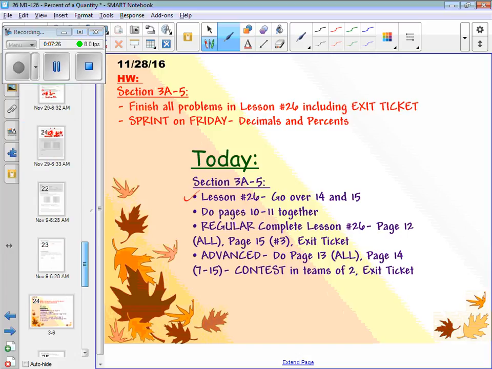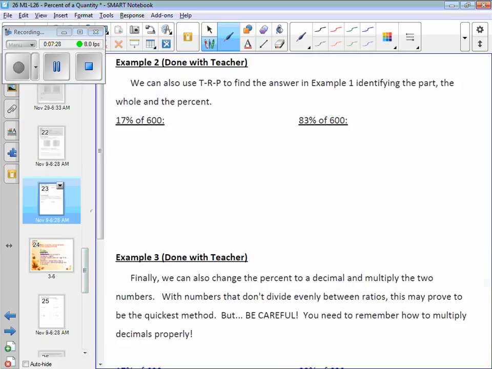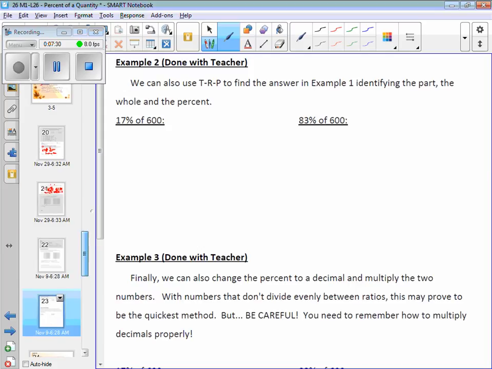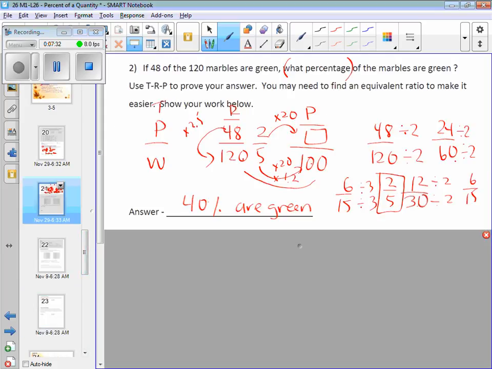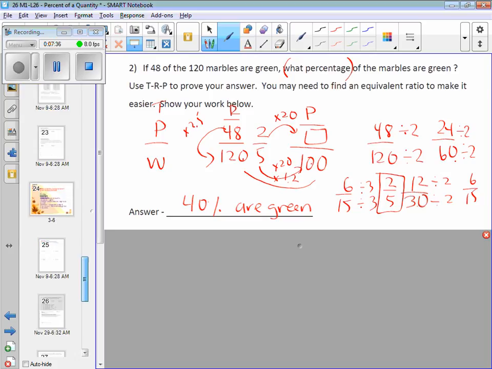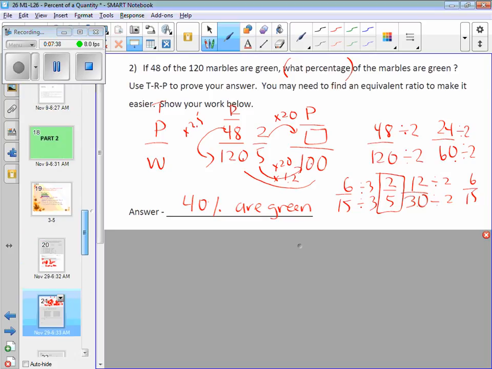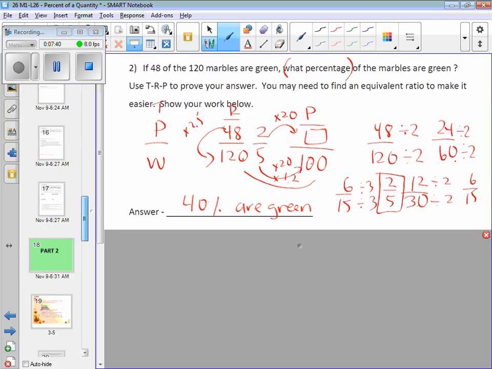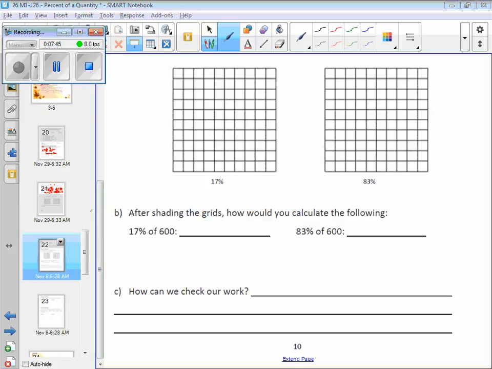Page 10. Same lesson. You gotta find it. I still do want to record. Let me pause it until I find the page. Okay. I'm hoping that this is not going to be more confusing than it needs to be.